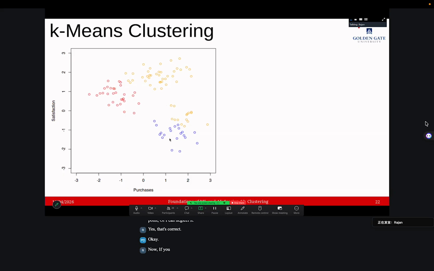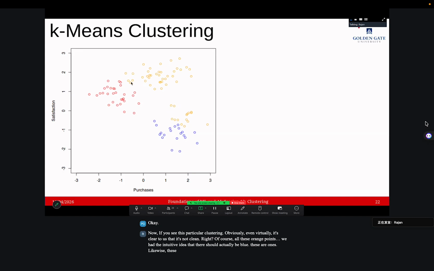Now, if you see this particular clustering, even visually it's clear to us that it's not clean, right? All these orange points, we have the intuitive idea that they should actually be blue. Likewise, these orange points, I assume they should be red. I might be wrong, I might be right. So how do we know that we are done? We do not know.